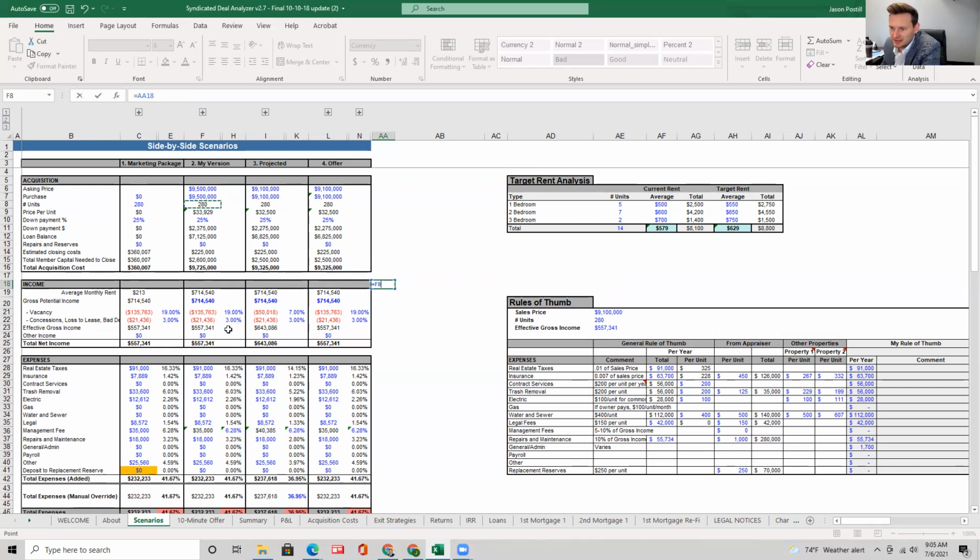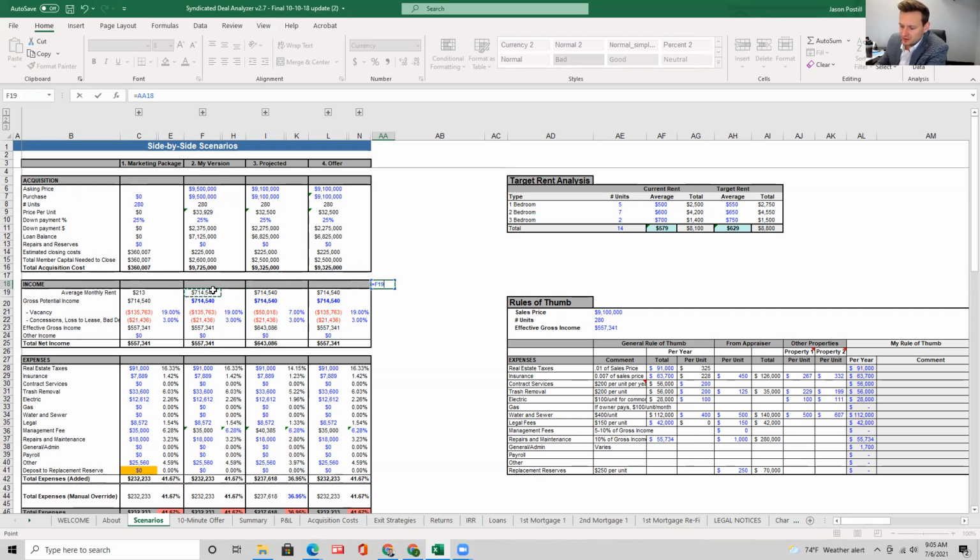So the net should be currently around 714. Let's see, 300 times 280. Yeah, the gross potential should really be, average monthly rent is 300. Yeah, this is why you double check.